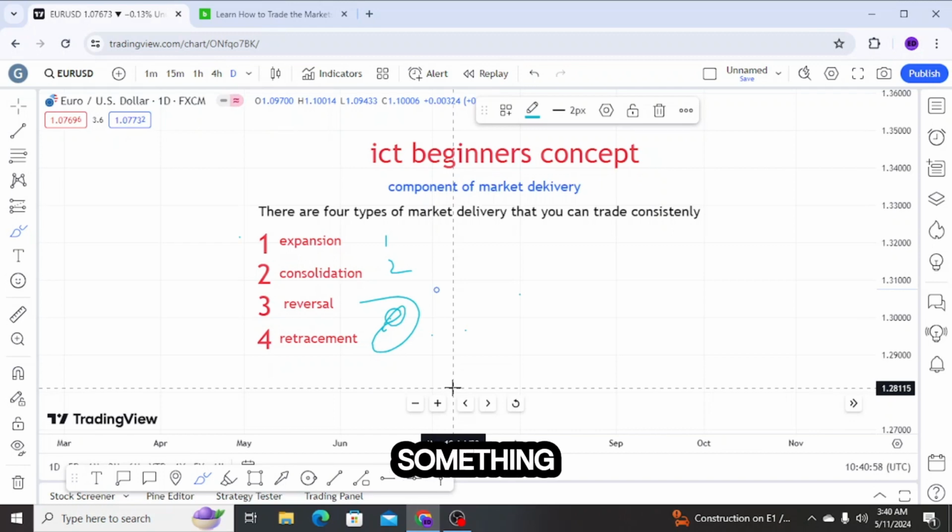Now I want to say something. All this thing I'm saying here is not only doable in the currency pairs or in the currency market. What I mean by currency market is the forex market. No, you can still apply all this I'm showing you guys in any financial market you are trading.